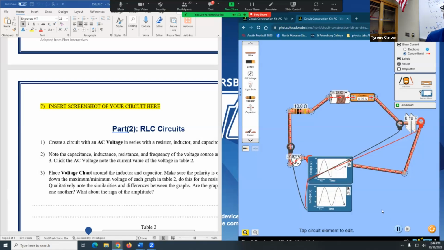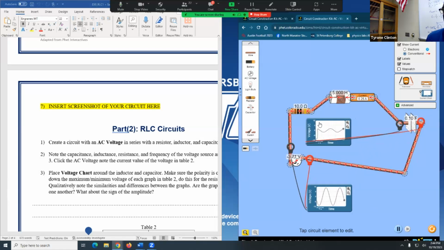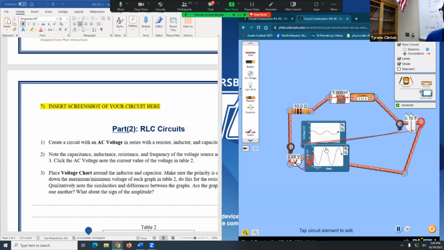You're going to see that the waves are not in sync with one another. So when this one is peaking here, and we can increase this to make them look similar, you can see that one of them is lagging behind the other.